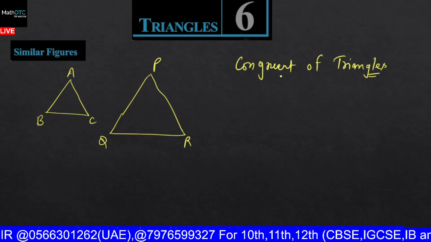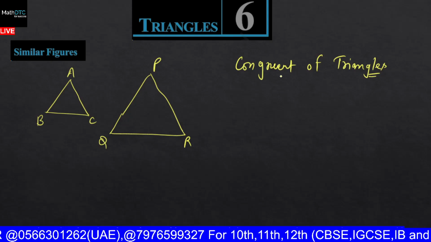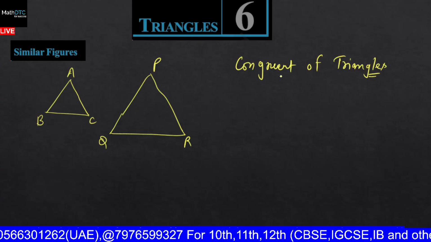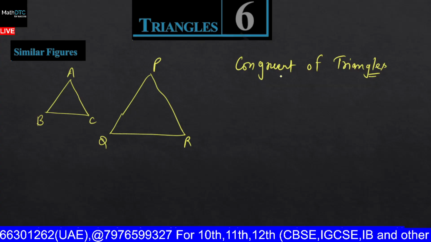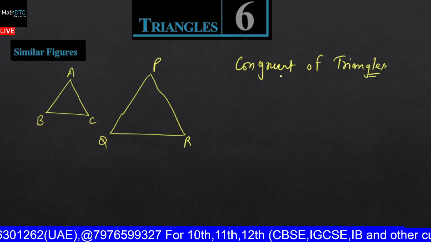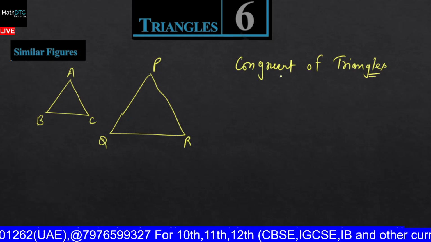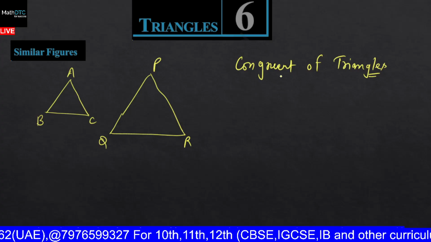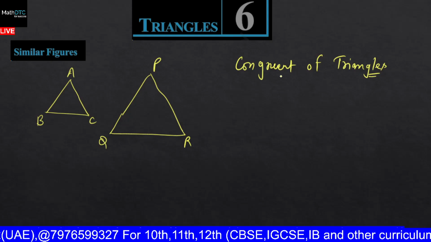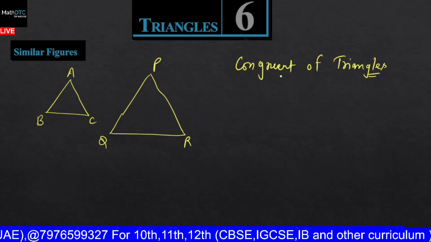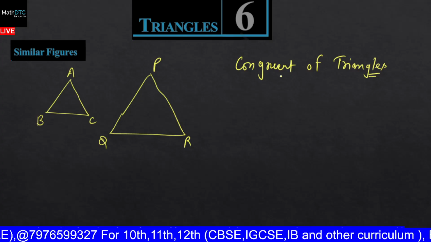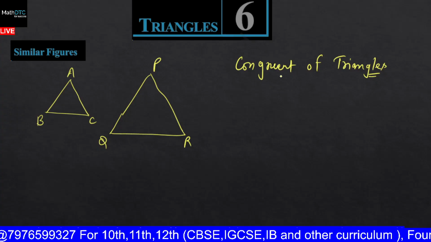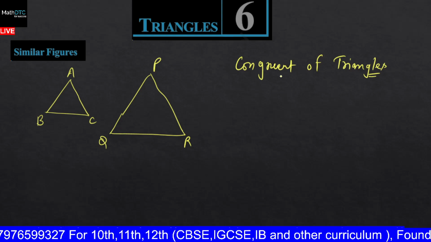For example, Burj Khalifa: you can buy a model of the Burj Khalifa from any market. The shapes are the same, but the sizes are different, right? So we can say that the model or replica of the Burj Khalifa is similar to the Burj Khalifa.